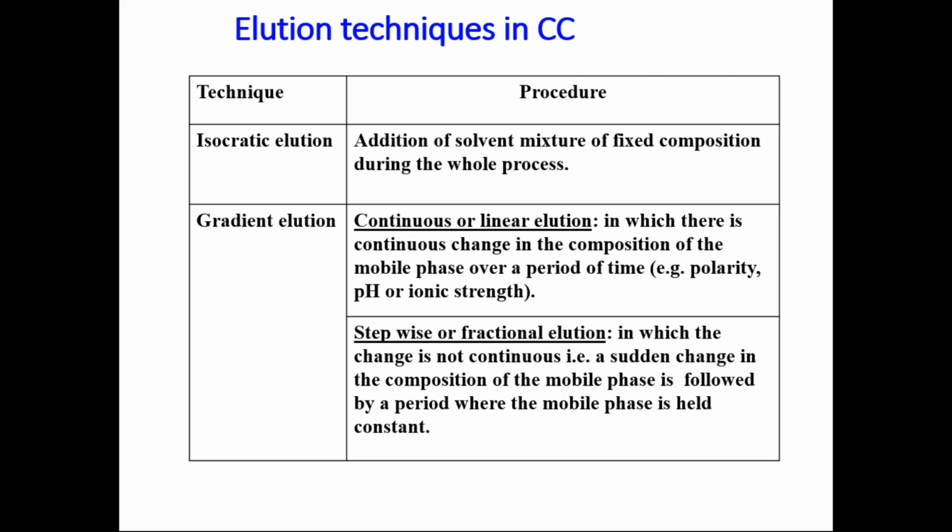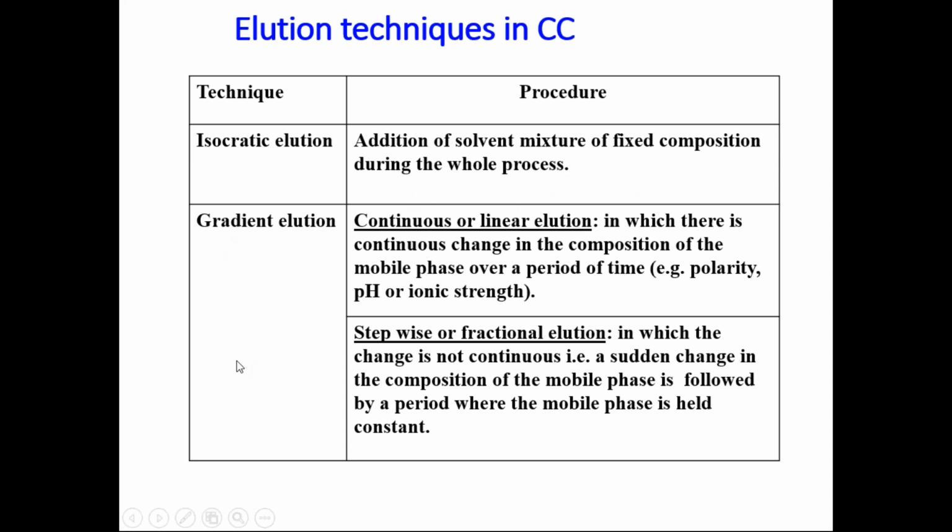When we keep the mobile phase concentration the same throughout the elution for the complete experiment, it is known as an isocratic elution. That is, addition of a solvent mixture of a fixed composition during the whole process.